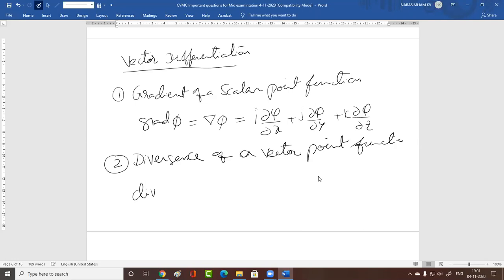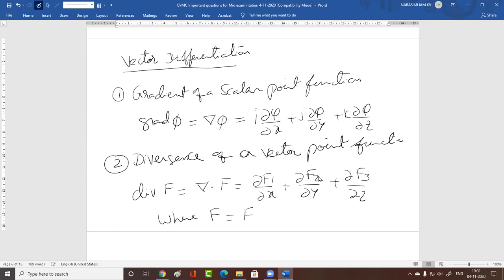Div f equals del dot f, which equals dou f1 by dou x plus dou f2 by dou y plus dou f3 by dou z, where f equals f1 i plus f2 j plus f3 k.